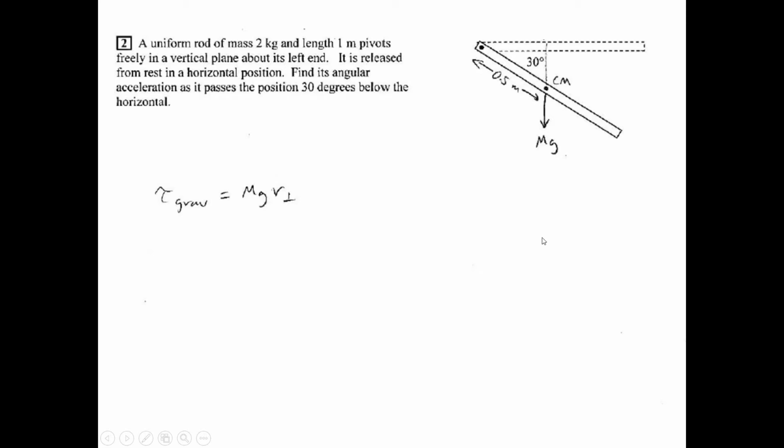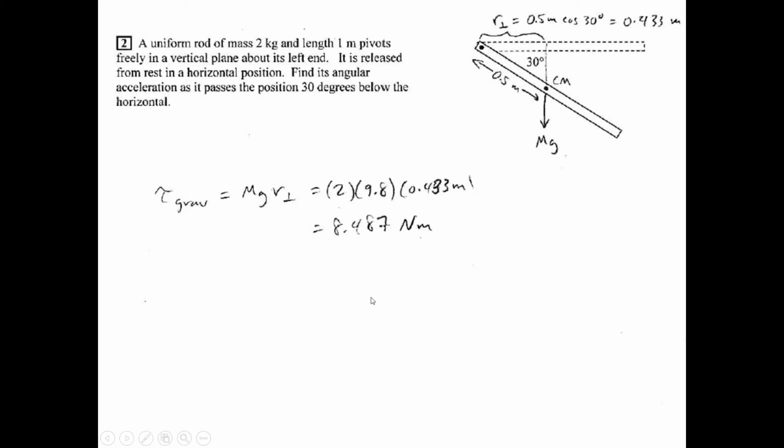So I draw the line that contains the force and look for that shortest perpendicular distance to the axis, mg, the force magnitude, times r perpendicular, and r perpendicular is just 0.5 times the cosine of 30 degrees. That's 0.433 meters. You can see it from the calculation there. So mg times 0.433, that works out to 8.487 Newton meters.